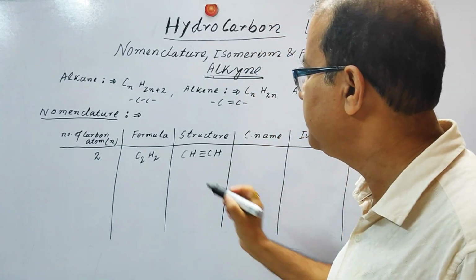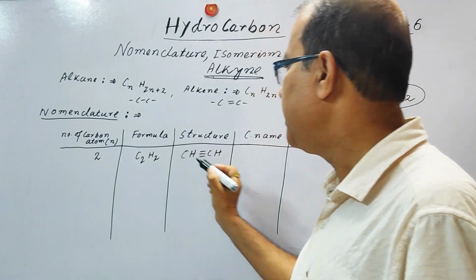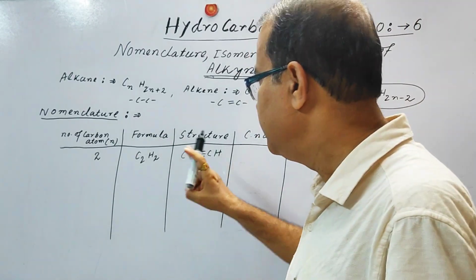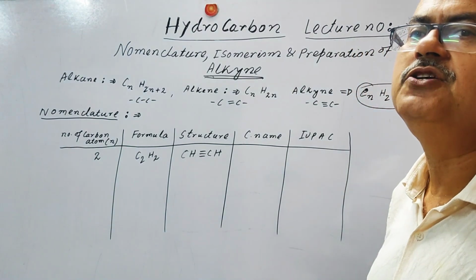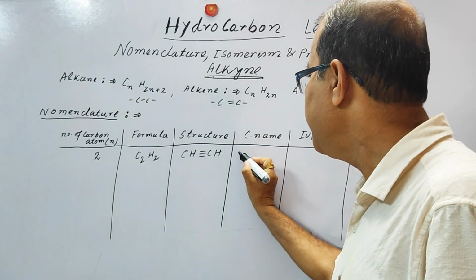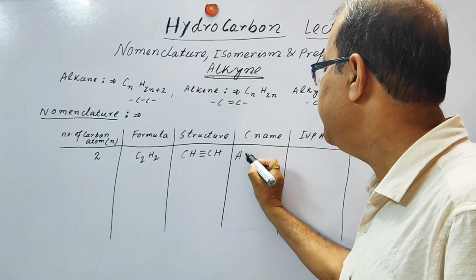In the structure, you can see the carbon tetravalency is satisfied with the inclusion of the triple bond. Its common name is acetylene.